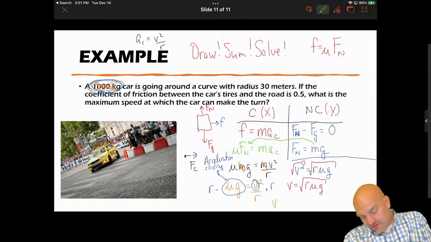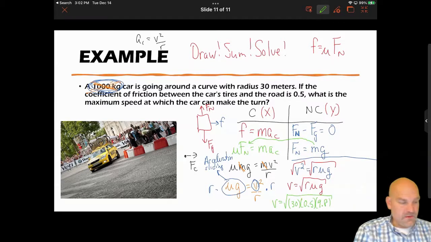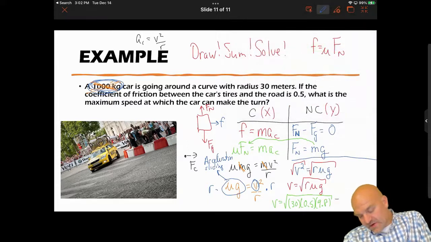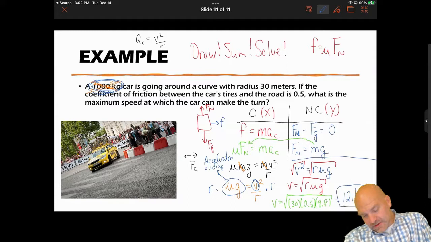So v equals the square root of the radius, 30, times mu, which is 0.5, times 9.8 or 10 or 9.81, whichever one you use. And you find that the maximum speed I can take this turn at is 12.1 meters per second.